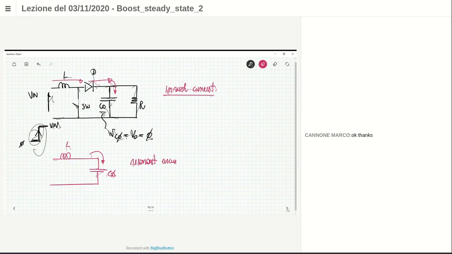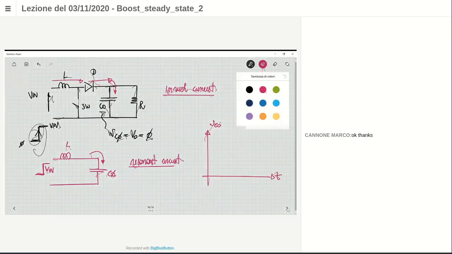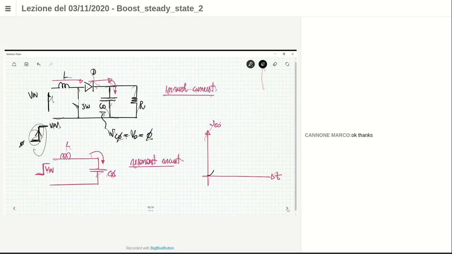So this is a resonant circuit, and if you have a step applied to these resonant LC circuits, you have something like this. Let me plot V C naught versus time. The output voltage increases and reaches a value which is 2 times the input voltage.